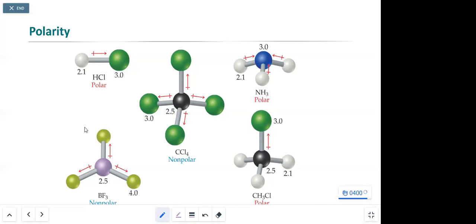But we can see in the boron trifluoride and the carbon tetrachloride, even though those bonds are polar, the thing about them is they're evenly distributed. All of that electron density is going out in all directions. So kind of like when we were talking about how lone pairs can cancel each other out, bond dipoles can cancel each other out as well.